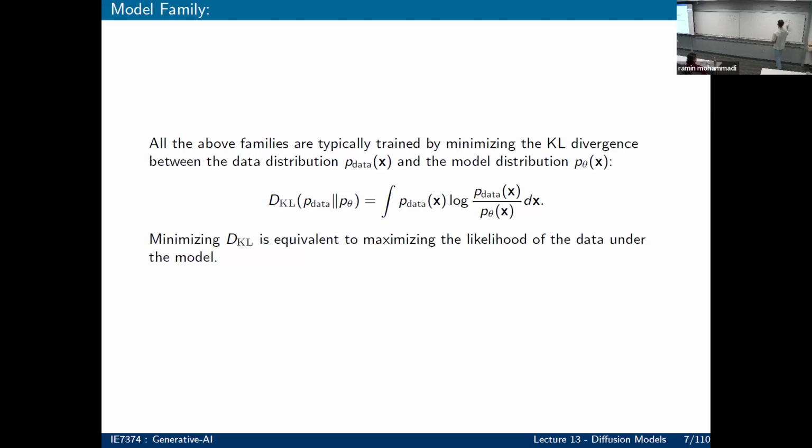So in GAN, we have this term P of X plus Q of X divided by 2, which we call an average distribution. And instead of comparing those directly, we compare the KL between P and this average, times 1/2, plus we also compare the KL between Q and this average.